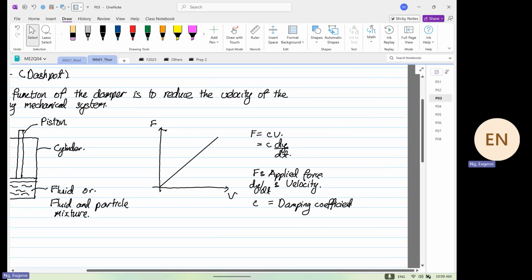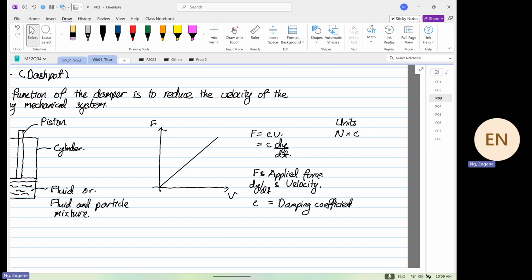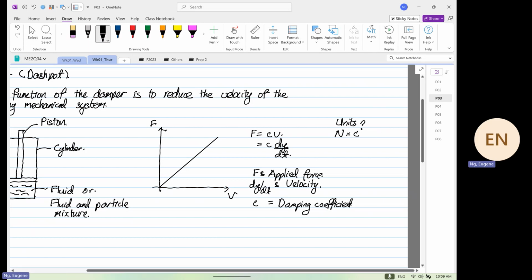Okay. So if we were to look at the units, right? On the left-hand side is Newton. And then I have not a clue what is C, question mark. And then our velocity is in what?